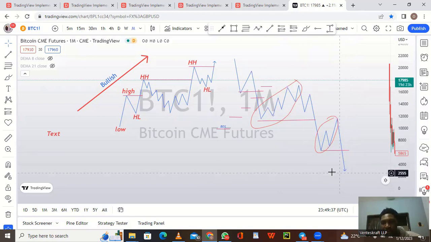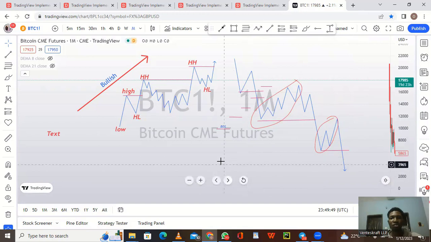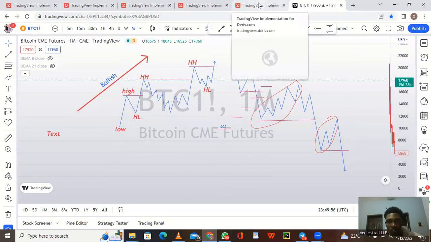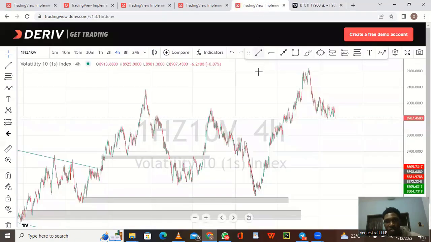So by the law of price action, this is an impulsive move that created this lower low. So we expect a pullback to create a lower high before we expect the market to create a new lower low. I hope that is taken. I will take you to the charts to show you how some of this works.